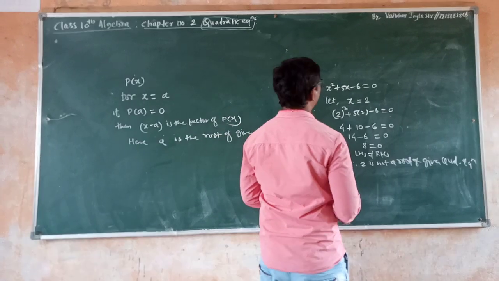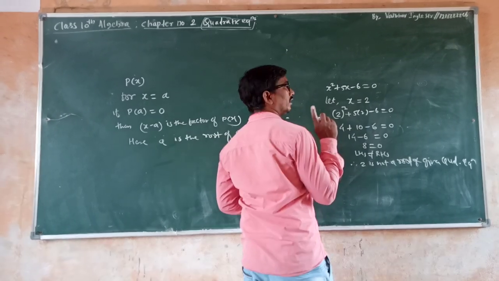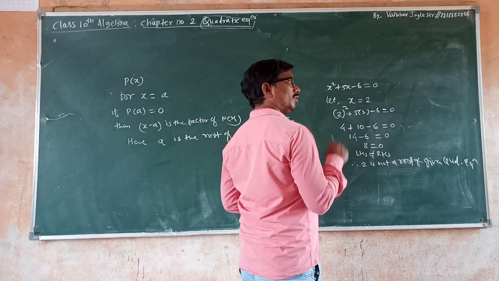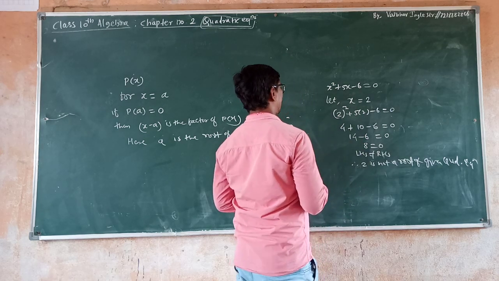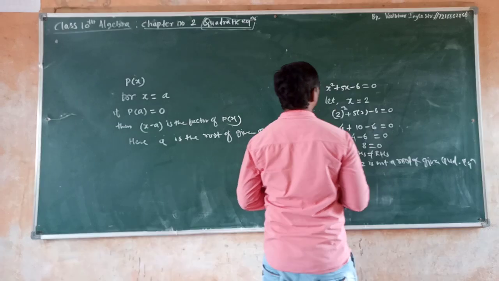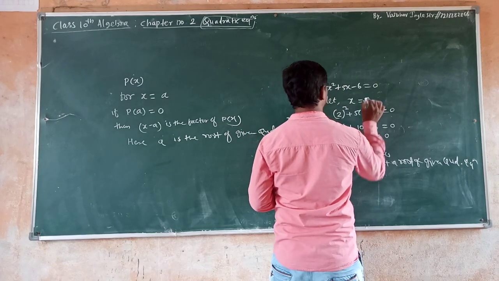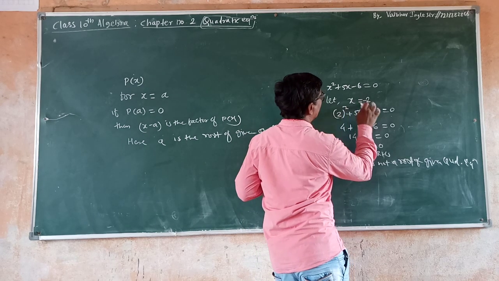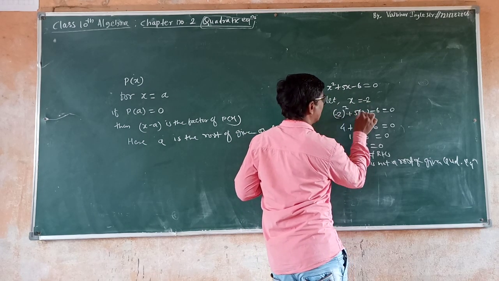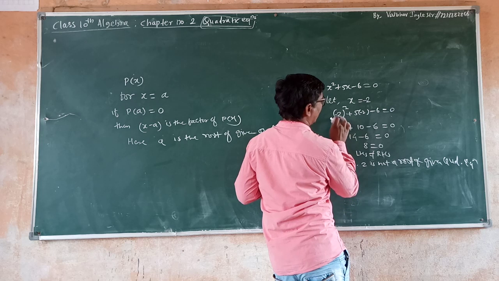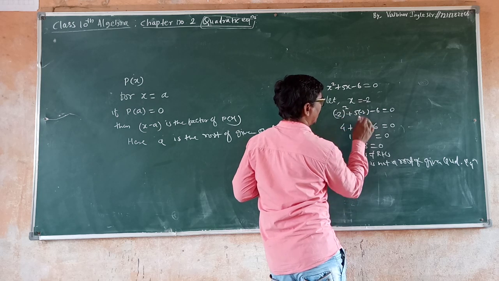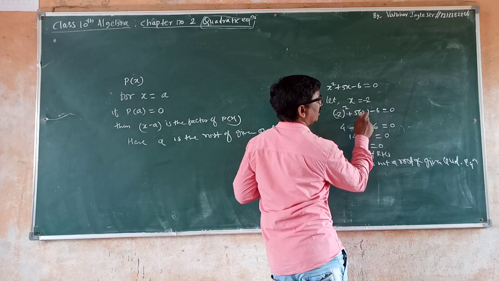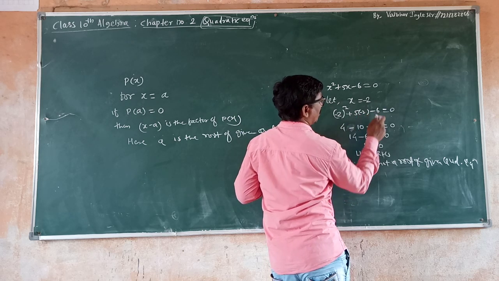In this way you can decide whether a given value of the variable is a root of the quadratic equation or not. Now I will go for minus 2, say. If you put minus 2 instead of x, it will be minus 2 square plus 5 into minus 2 minus 6, which becomes 4 minus 10 minus 6.